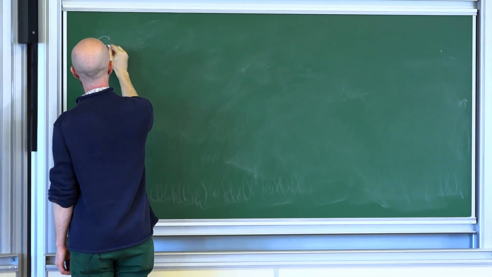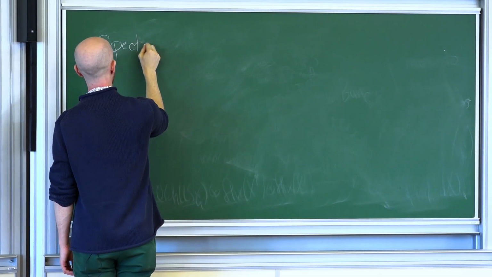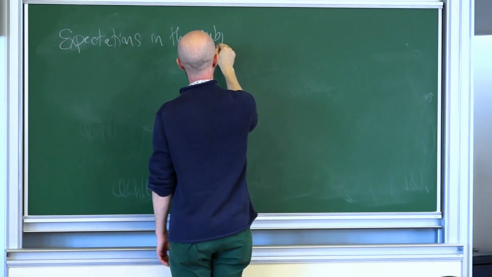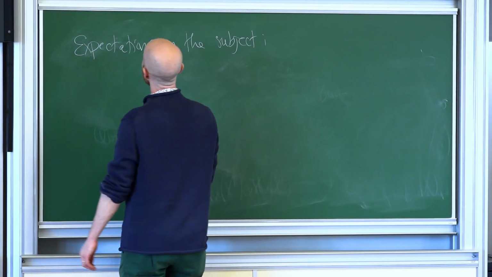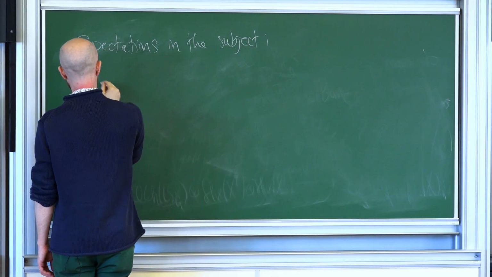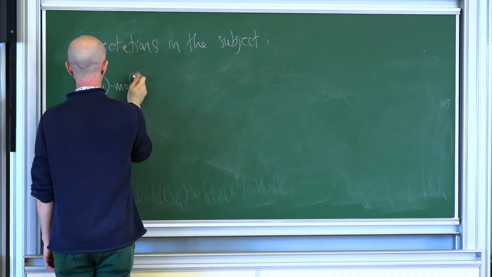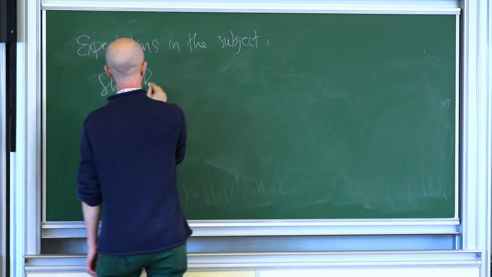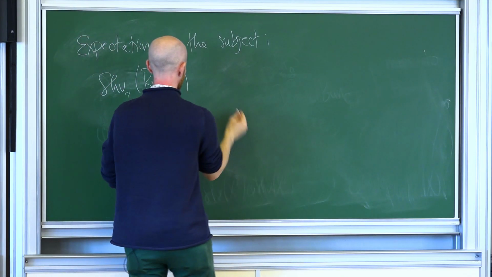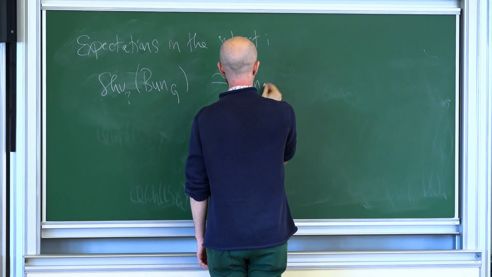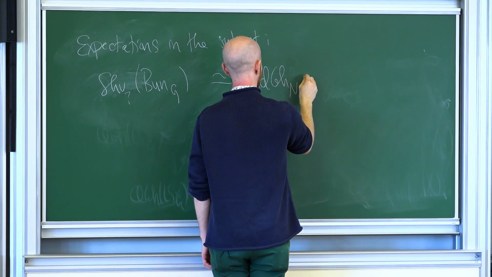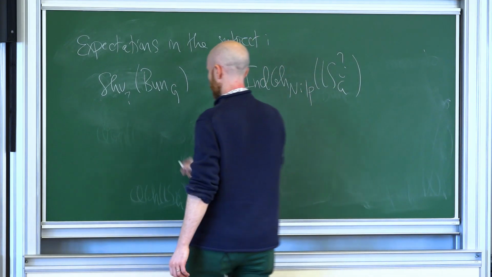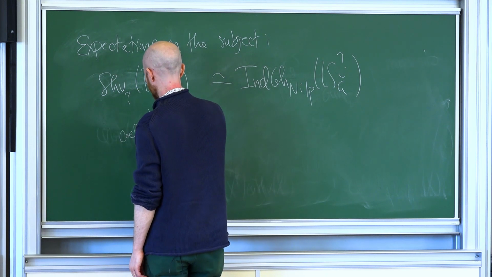Okay, so one of the basic expectations in the subject is that, for example, in any setting, when you do sheaves, maybe with some decorations, on Bun_G, and you say that this is equivalent to some kind of coherent sheaves on this locus, then I have this coefficient functor to vector spaces.